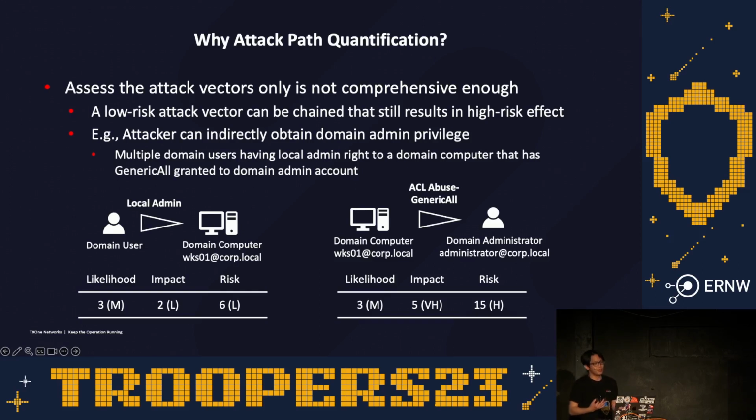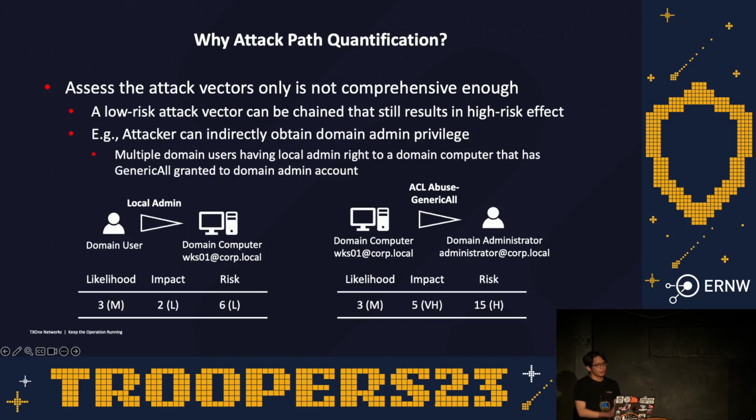That basically doesn't reflect the risk we're seeing in this case, where the local admin attack vector should not be just a low risk attack vector. It should be viewed from an attack path where the attacker can indirectly obtain the domain admin privilege.